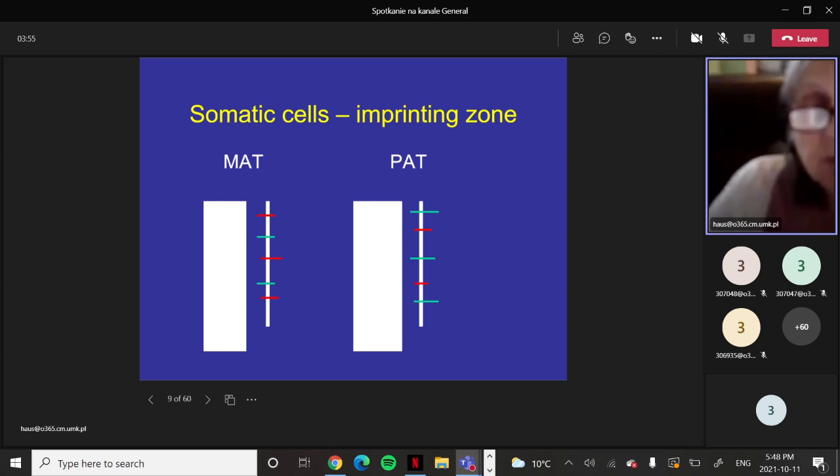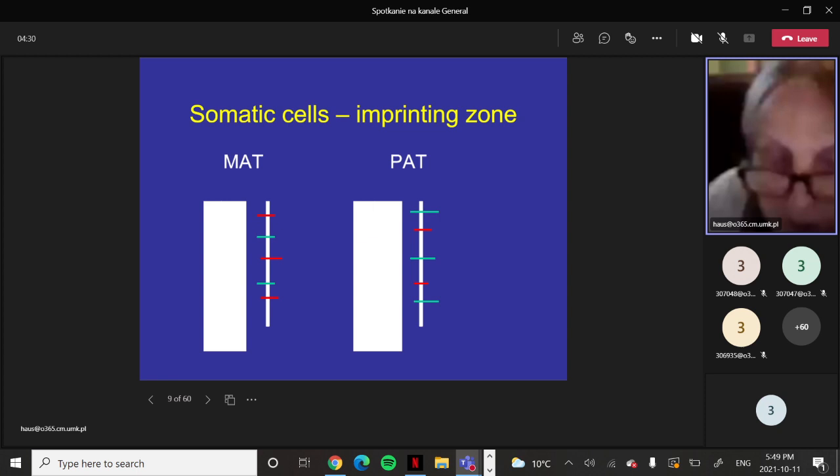The situation when both copies are active is not a healthy situation for this organism. It may cause genetic syndromes, it may cause genetic diseases. The question is why nature gave us both copies if we need only one. Yes, if we need only one copy and two copies are harmful. I don't know.